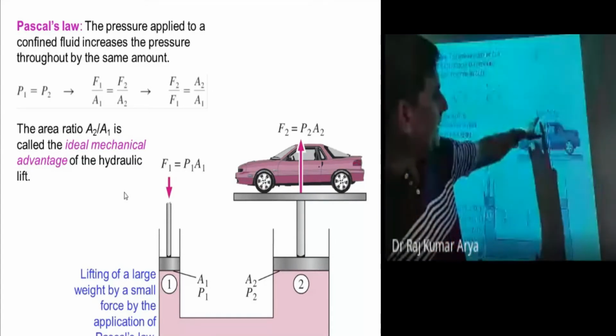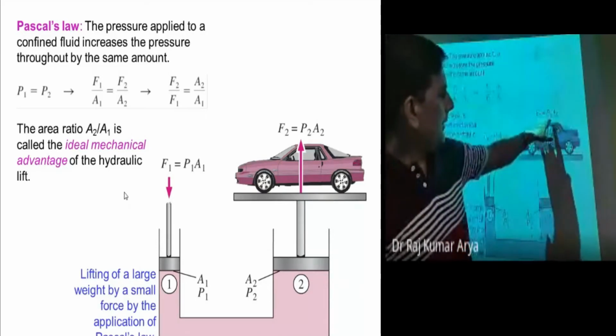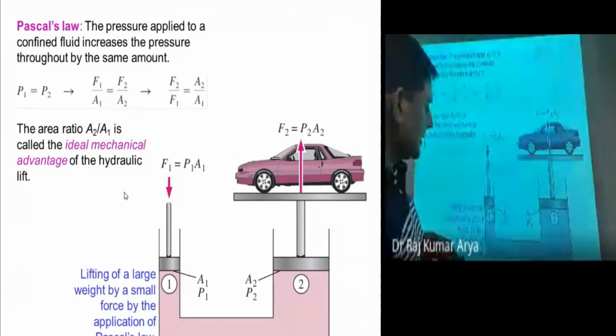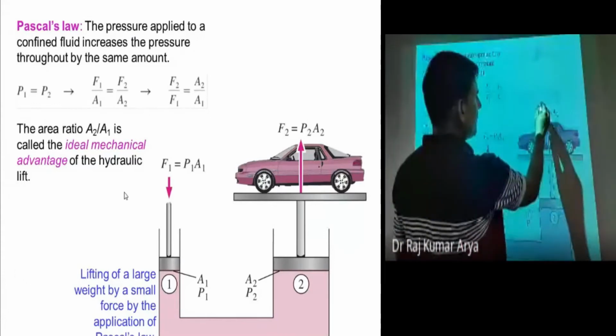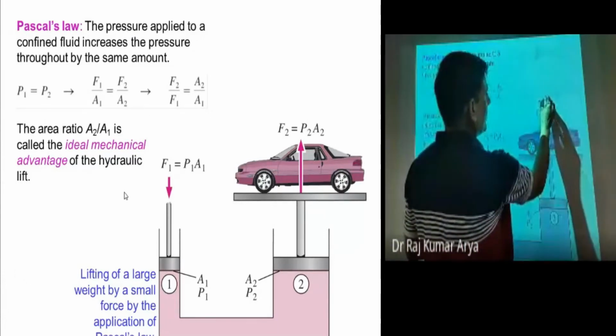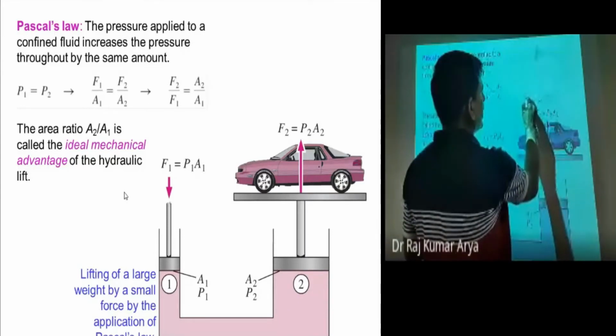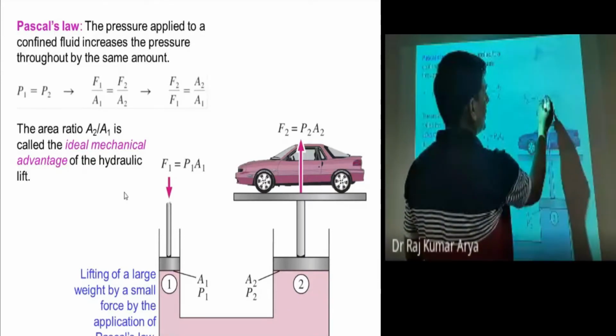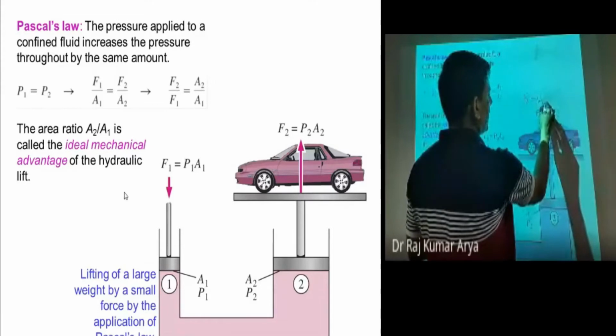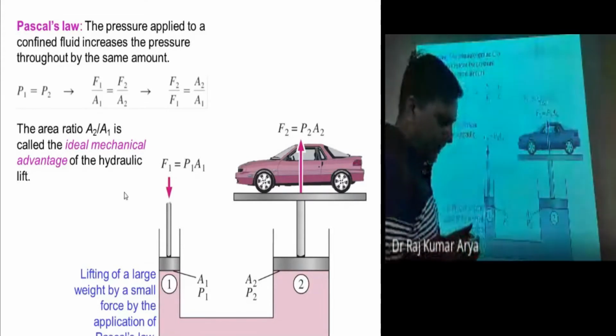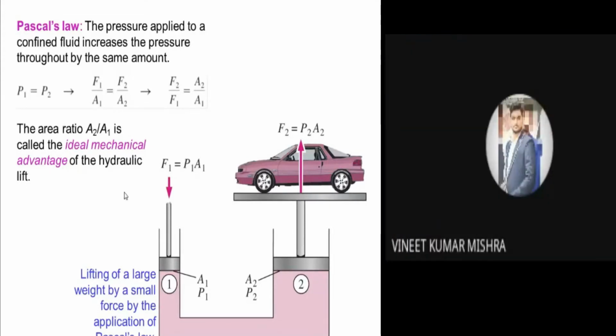So the total force F2 would be P2 into A2. If this F2 is more than the weight of the car, then the car will go up, right? Yes, sir.